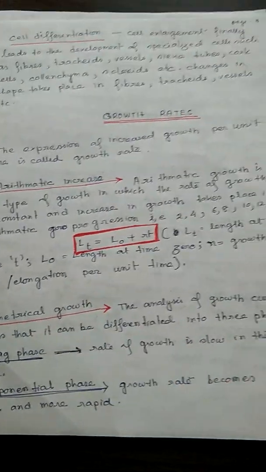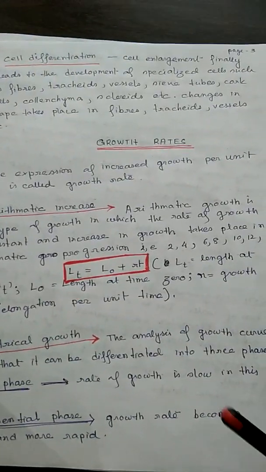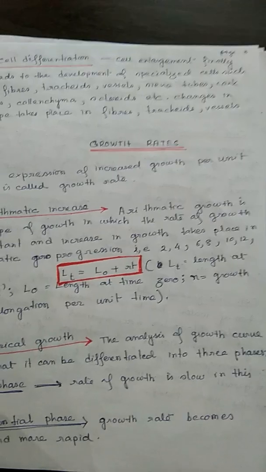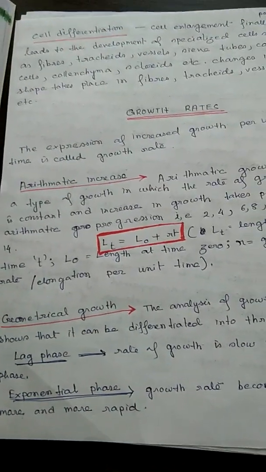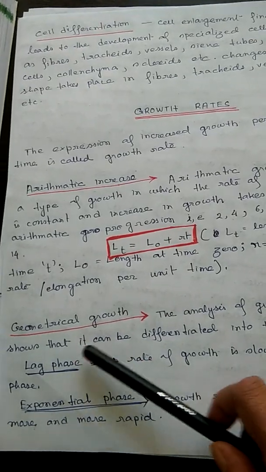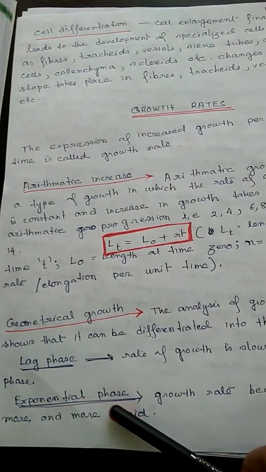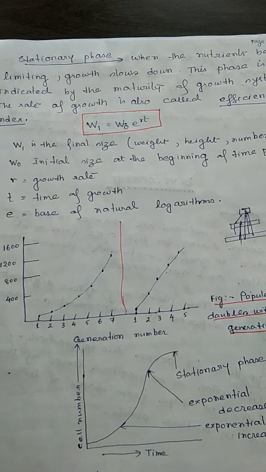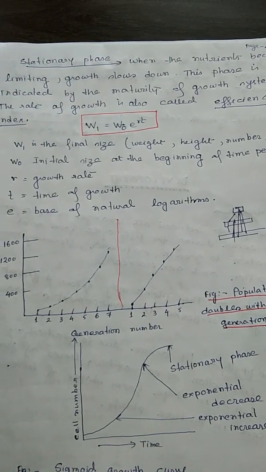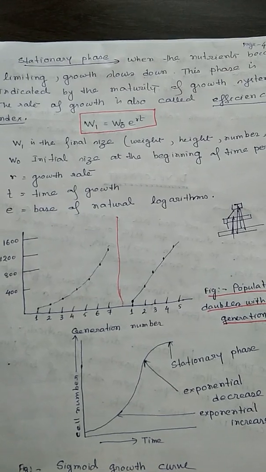In the case of geometrical growth, with the help of a graph we can explain it. The first part of the graph is known as the lag phase, then the exponential phase, and the next one is the stationary phase.